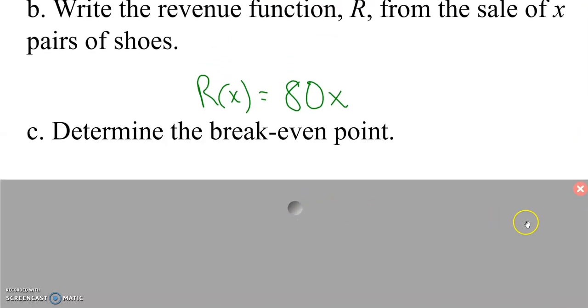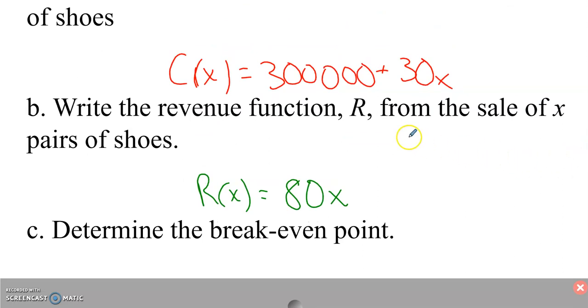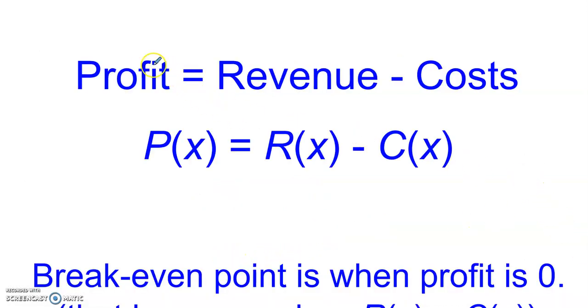And then last, determine the break-even point. What's the break-even point? Well, the break-even point is when the revenue is equal to the costs. After that, they are making more money than they're spending, so they are then making a profit. The break-even point is the point that happens at. So here's just some language here.